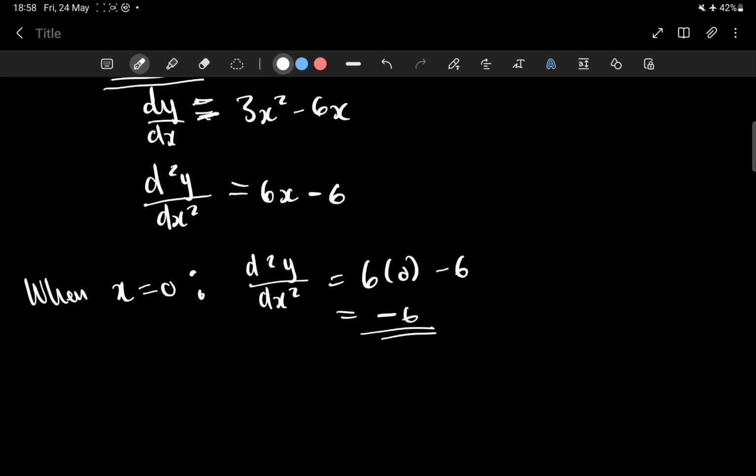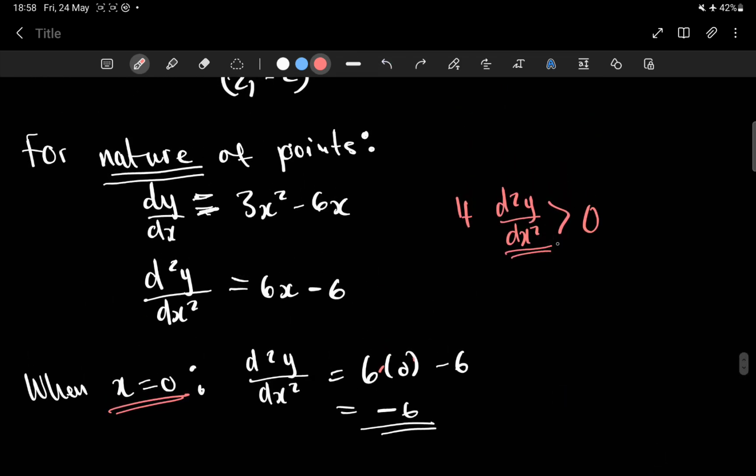Remember the conditions which we use, you can go and check again. When x is 0, we put it into the second derivative and we found an answer that is less than 0.